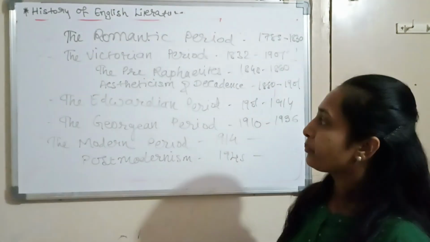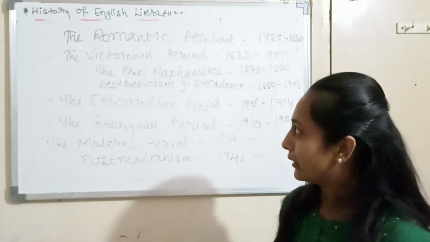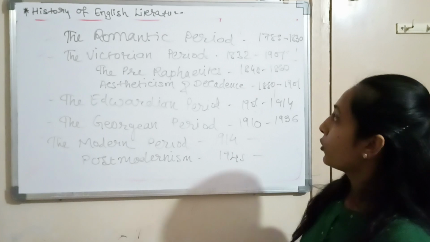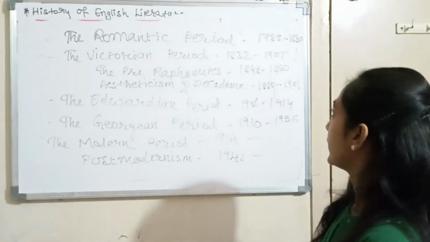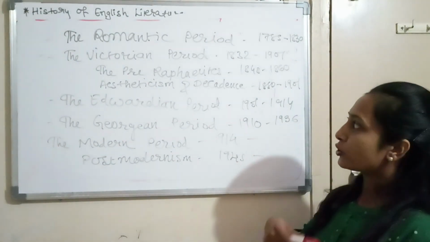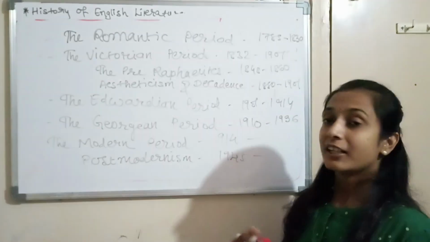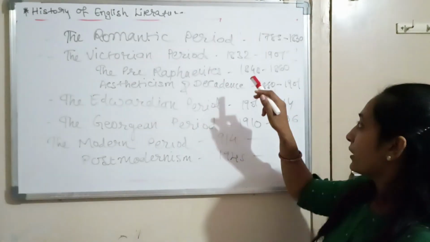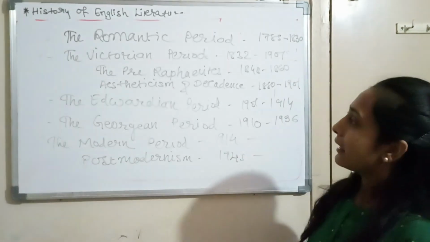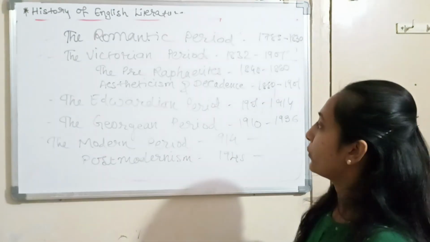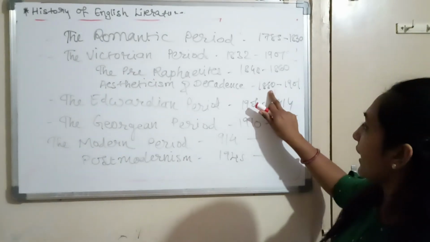Then we have the Victorian period, the longest one, in which Queen Victoria was ruling, and that began from 1832 to 1901. In the Victorian period, we have the Pre-Raphaelite Brotherhood, from 1848 till 1860. And we also have aestheticism and decadence, from 1880 to 1901.